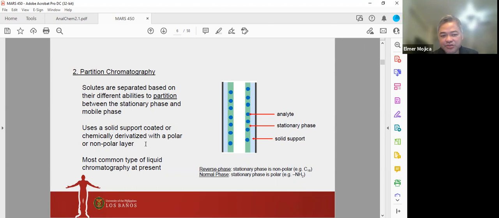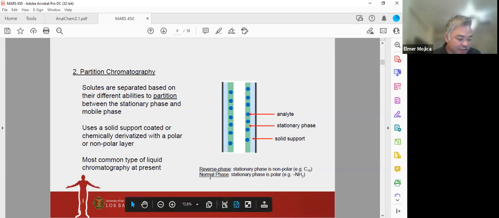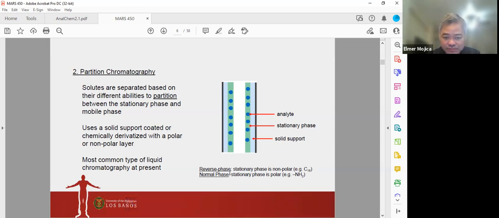In partition chromatography, you use a solid support coated or chemically derivatized with a polar or non-polar layer. This is the most common type of chromatography at present. We have a term for that, the so-called reverse phase chromatography, where the stationary phase is non-polar, and normal phase chromatography, where the stationary phase is polar.